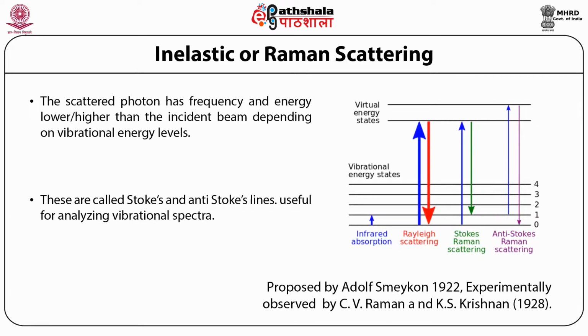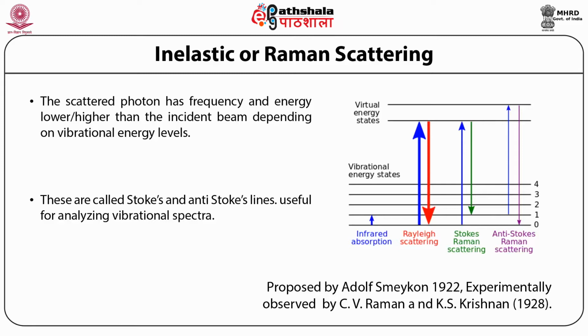Inelastic or Raman scattering, that the outcoming beam comes of different energy, that means different frequency and wavelength. This phenomenon was originally proposed by Smekal in 1922, but experimentally observed by C.V. Raman and K.S. Krishnan in 1928.